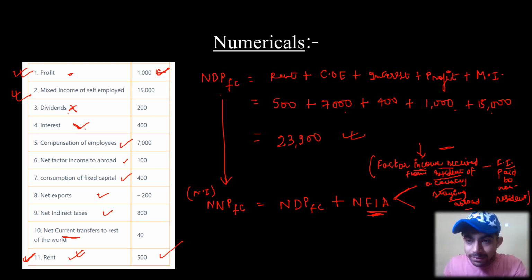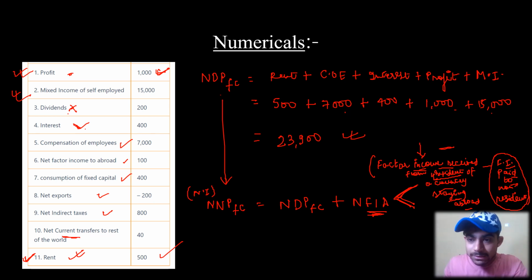So that is factor income paid to non-resident, meaning they are not residents of India and still working in India and earning their livelihood. If we subtract what we are paying to the non-resident from what we are getting from the residents of our country working abroad, from there we will get NFIA.